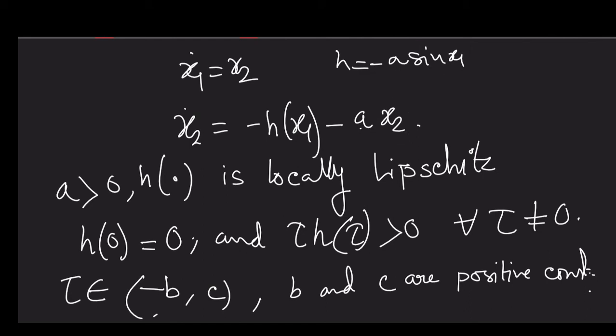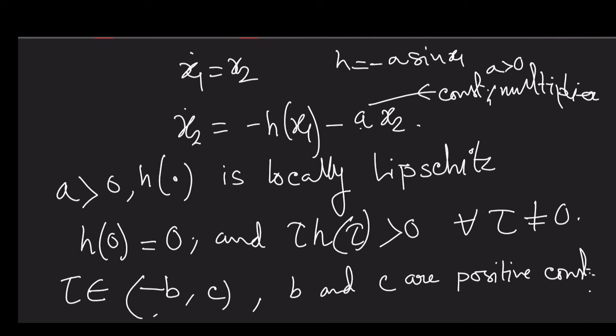No need to write it in this way, a is always a constant multiplier. Now this actually resembles the special form of pendulum with friction.